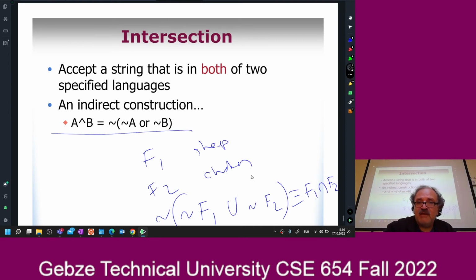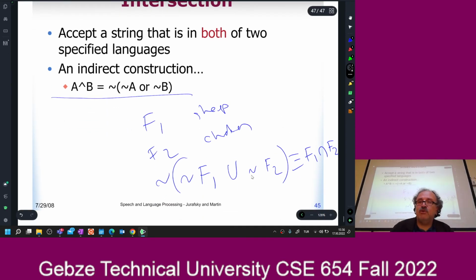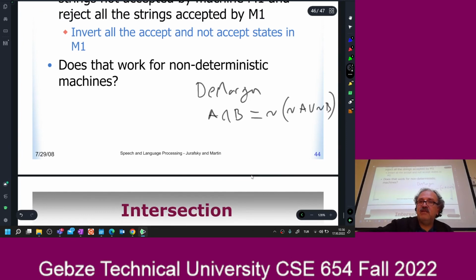When you do that kind of stuff, you are going to explode the number of states. Because remember how I take the union? The union requires you to introduce some epsilon transitions. Epsilon transition means that you are definitely non-deterministic.